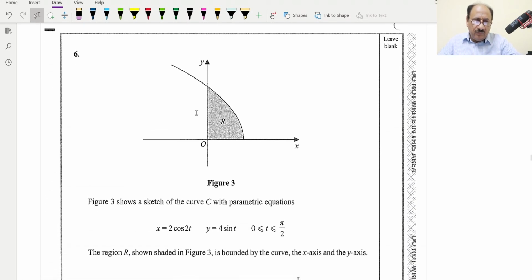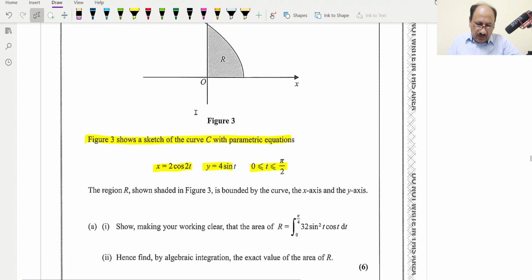Now we can move to question number 6. Question number 6 says figure 3 shows a sketch of the curve C with parametric equations. These are the two parametric equations provided, with t greater than or equal to 0 and less than or equal to pi, and the region R shown shaded in figure 3 is bounded by the curve, the x-axis and the y-axis.